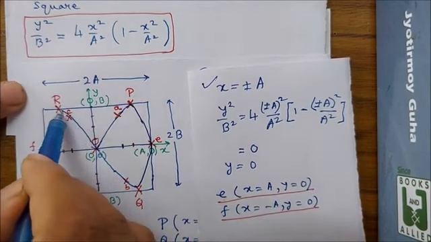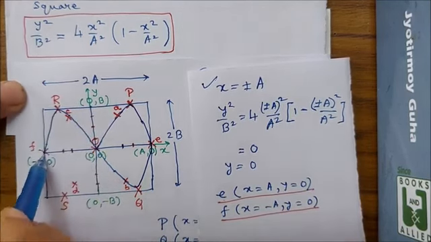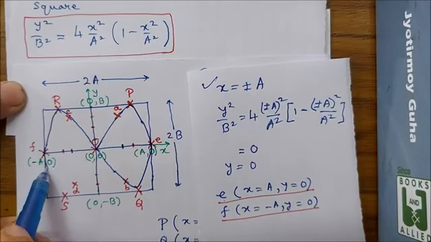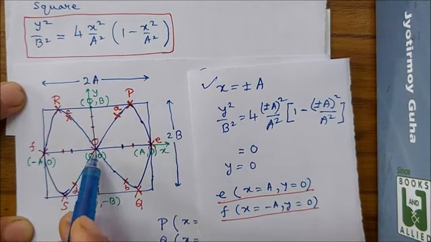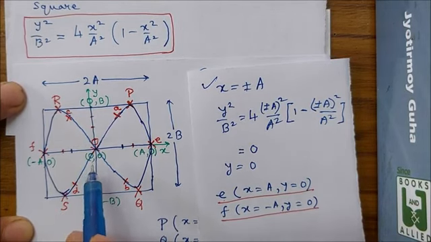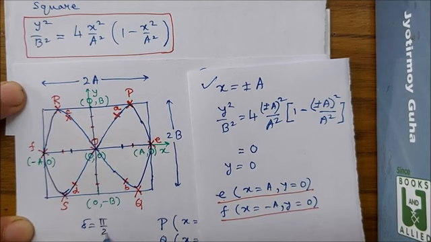So this is how we draw it. So this is the Lissajous pattern corresponding to delta equal to pi by 2.